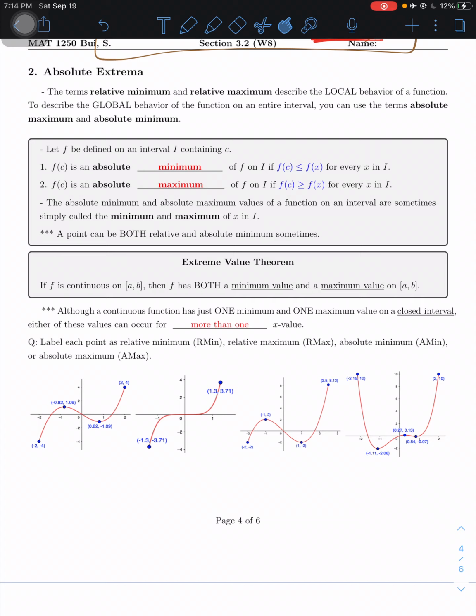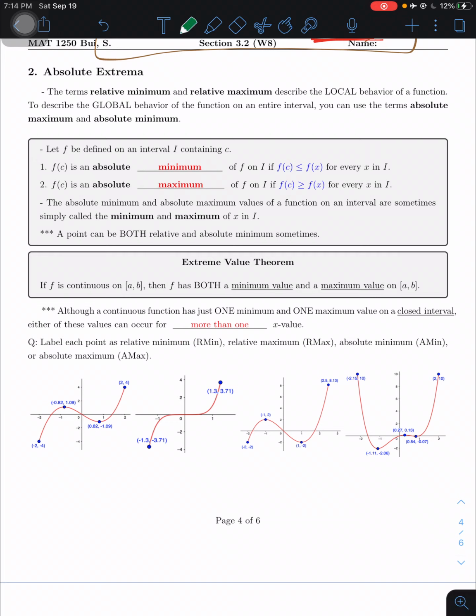And then just a little heads up in terms of terminology in here. The terms relative minimum and relative maximum describe the local behavior of the function. To describe the global behavior of the function on the entire interval, you can use the terms absolute max and absolute min, okay?